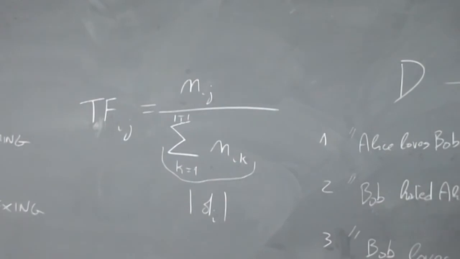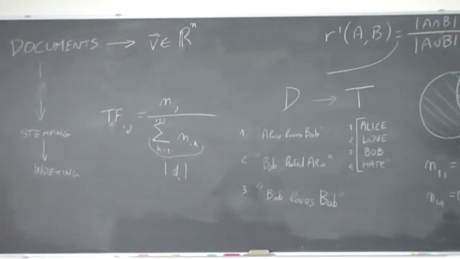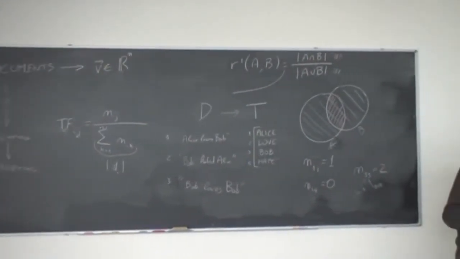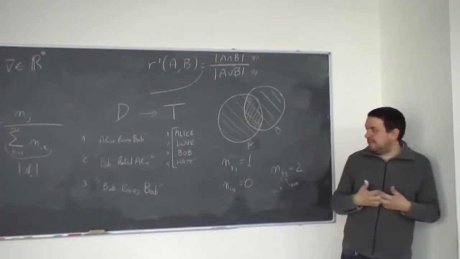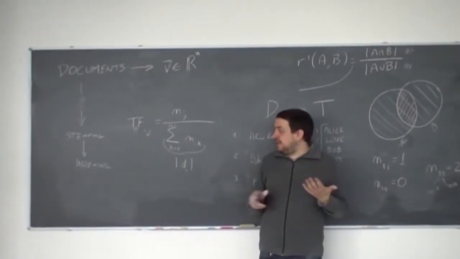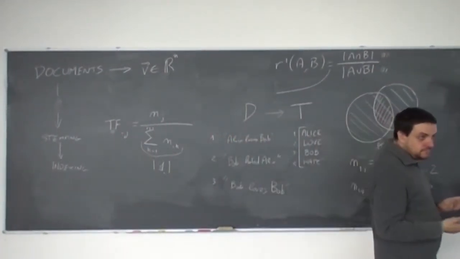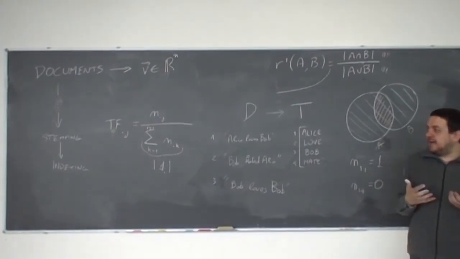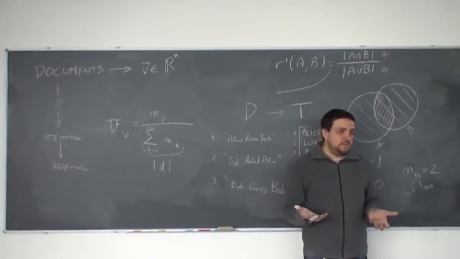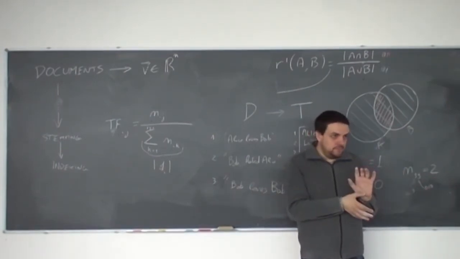Because I want some good properties to be maintained by my formula. For example, I want this to be a measure of the importance of term j in document i. So I want this value to be invariant with respect to maybe doubling the document.